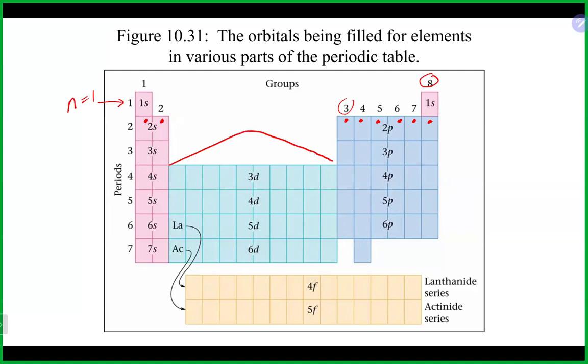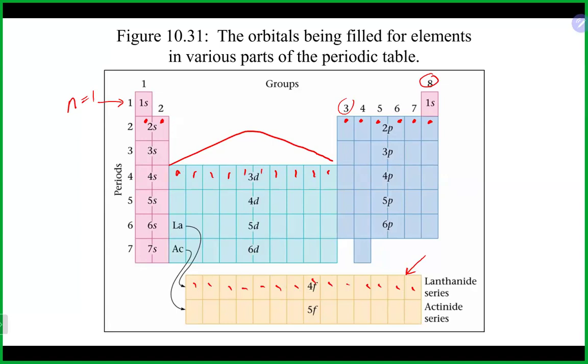A d subshell could hold 10: 1, 2, 3, 4, 5, 6, 7, 8, 9, and 10. And our f block is down here, the lanthanide and actinide series on the very bottom. They could hold 14. I'll count: 1, 2, 3, 4, 5, 6, 7, 8, 9, 10, 11, 12, 13, and 14 boxes. So you could actually count off electron configuration if you know.